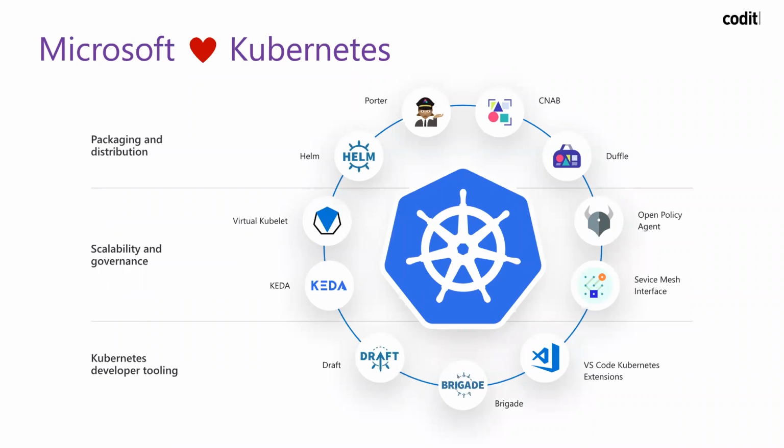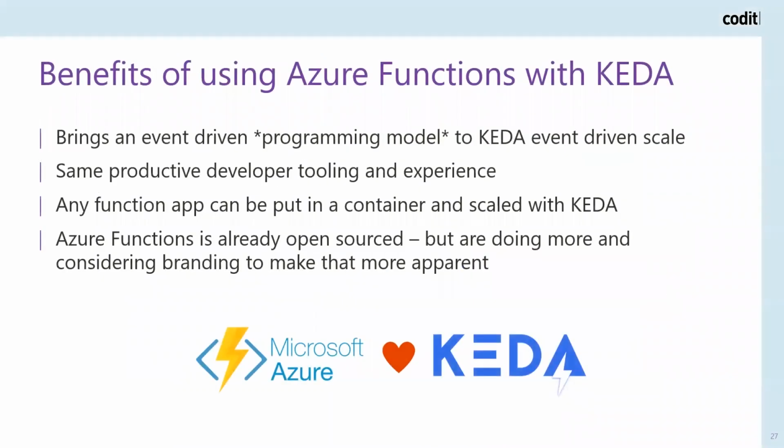The virtual kubelet lets you spin up a serverless container using technology like Azure Container Instances, so that rather than having to deploy an entire node to keep scaling out, you can just run serverless containers. In fact, you can use KEDA to say, only ever scale this thing on serverless containers, never take compute from my core nodes. So a lot of incredible tech here that you should be using.